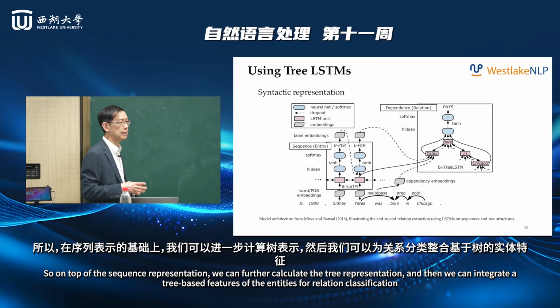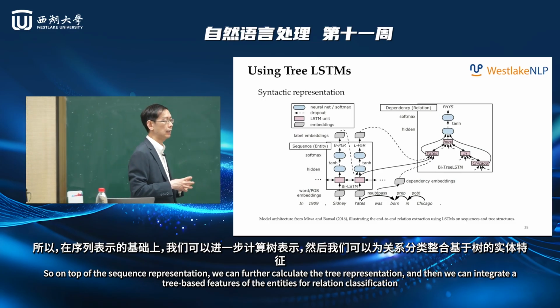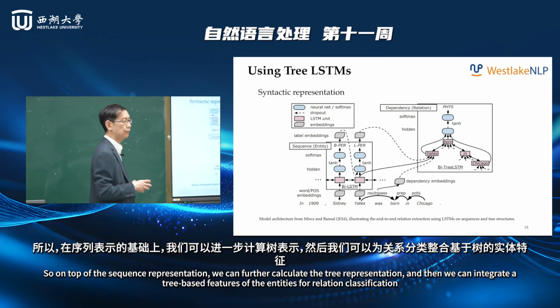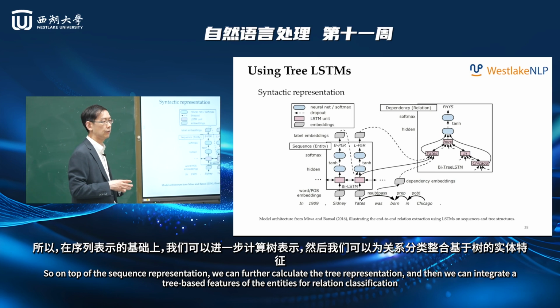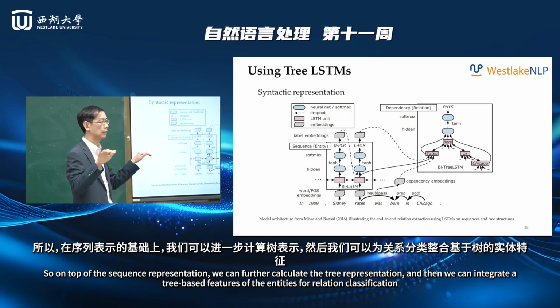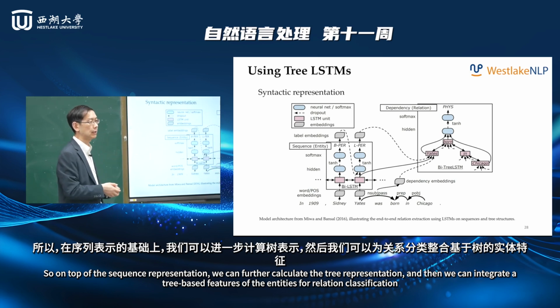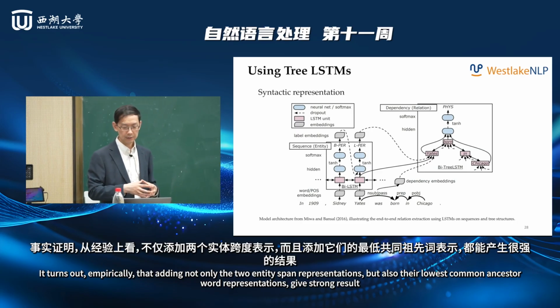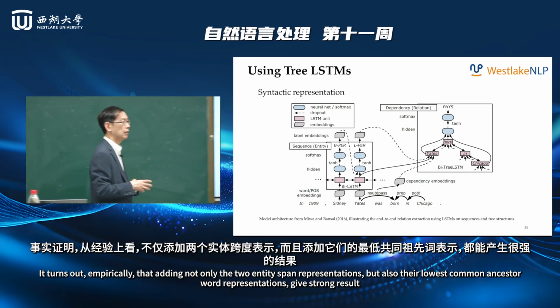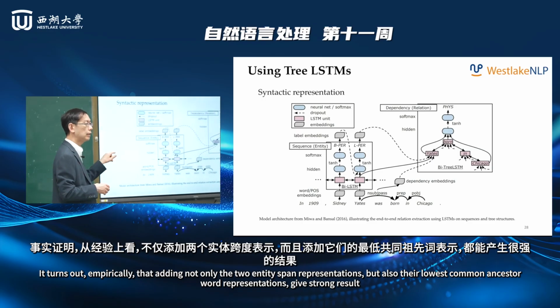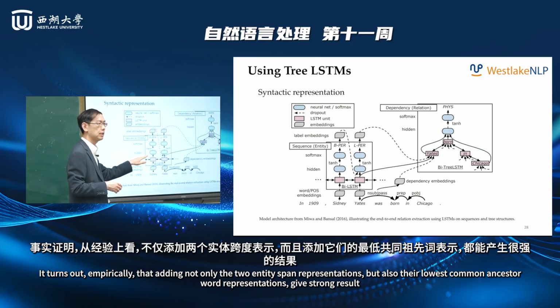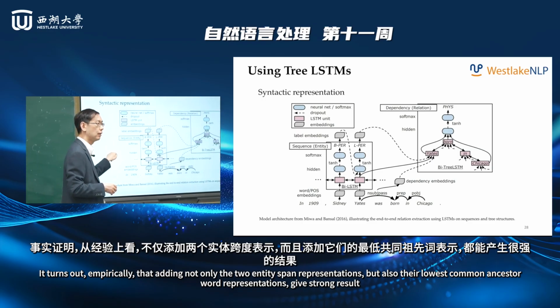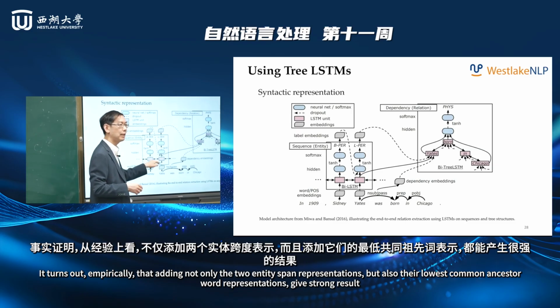And then we can integrate tree-based features of the entities for relation classification. It turns out empirically that adding not only the two entity span representations, but also their lowest common ancestor word representation gives strong results.